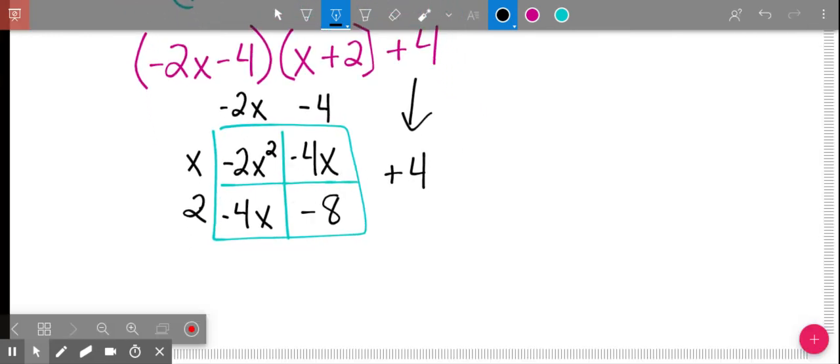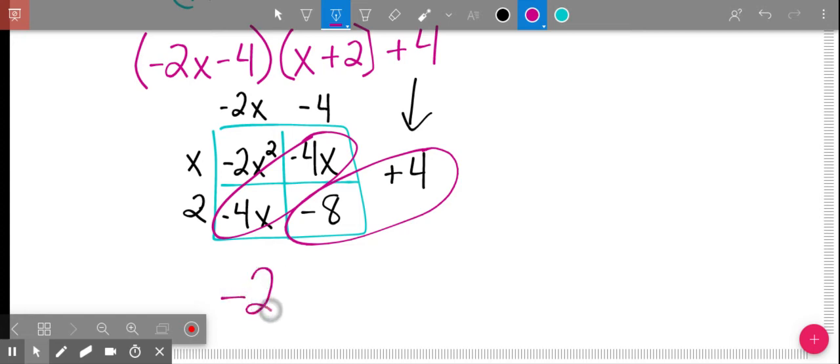So at this point, I can just combine my like terms. They're still on the diagonal, so I've got like terms here, and I have my like terms right here. That's why we brought down that plus 4, so we remembered we had that like term. So that negative 2x squared just hangs out front. Negative 4 minus 4 gives me negative 8x.